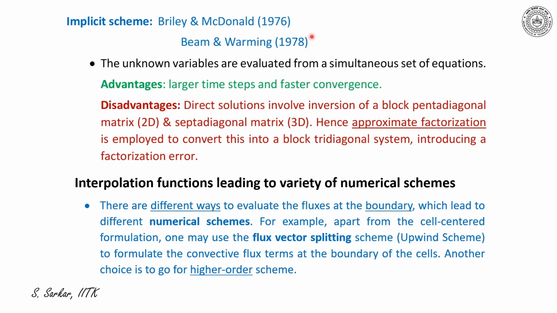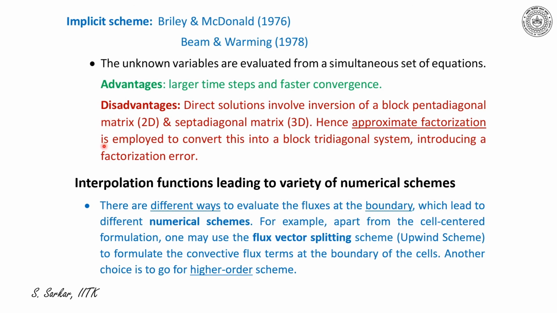Please note that the unknown variables here are evaluated from a simultaneous set of equations. The advantages are a larger time step and faster convergence. Disadvantages are that the direct solution involves inversion of a block pentadiagonal matrix for 2-dimensional flow and a heptadiagonal matrix for 3-dimensional flow.